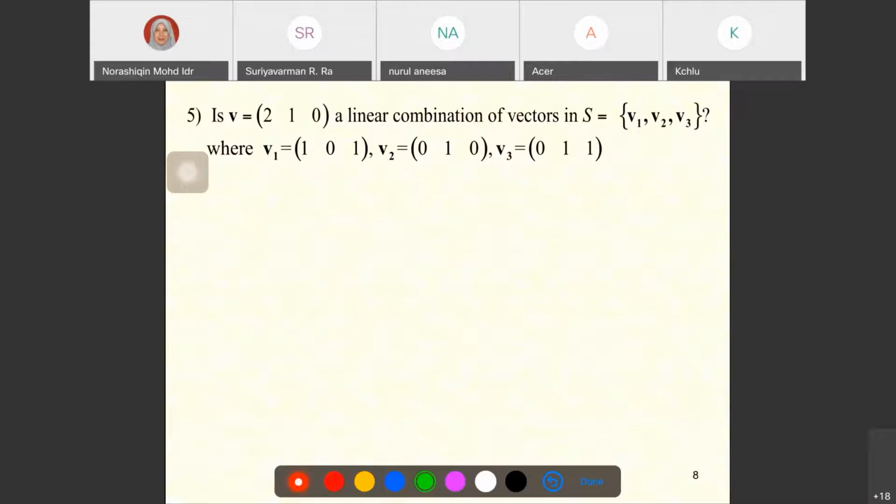Kan? Yes, that's right. Okay. Because the question is about a linear combination. Right. Okay.